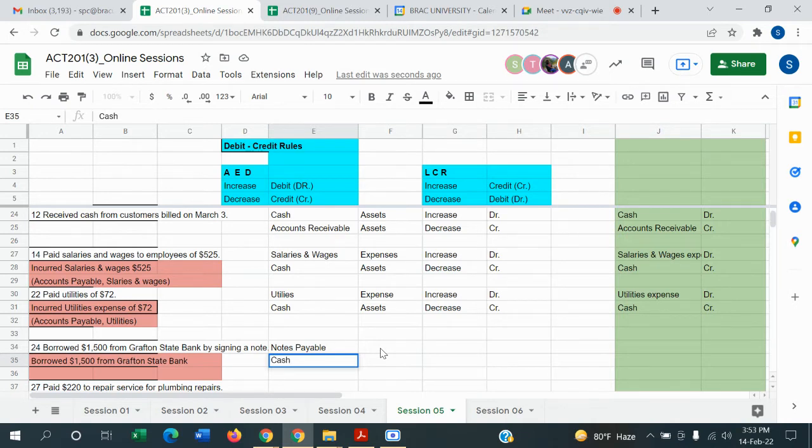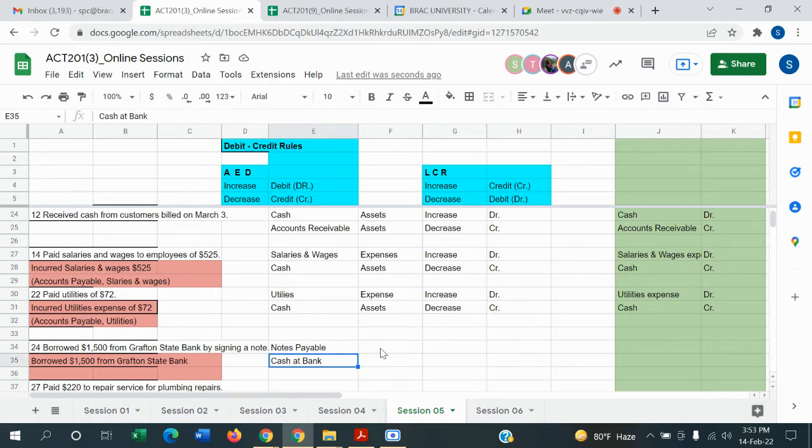That's why whenever they mention the cash account, it indicates the bank account. In financial statements you can see cash at bank. It indicates the same account.